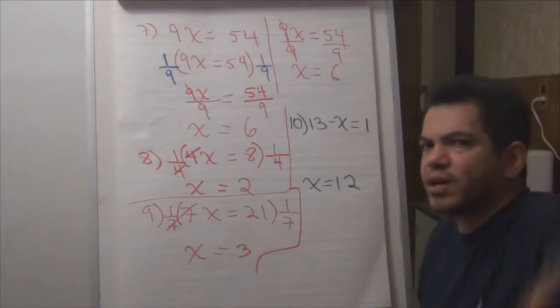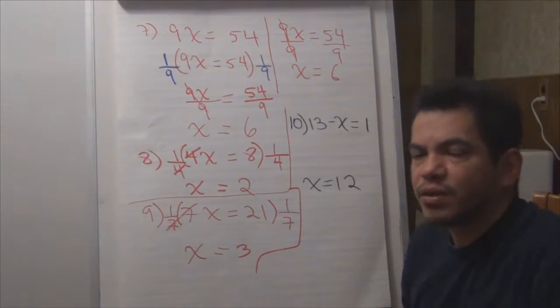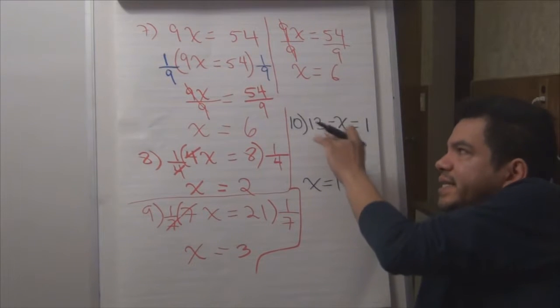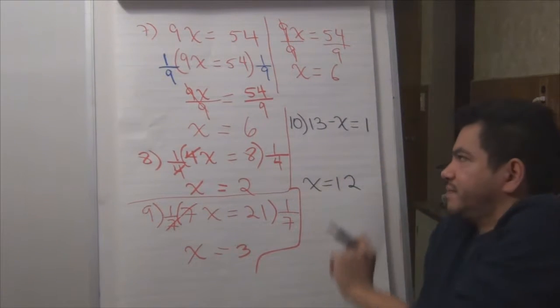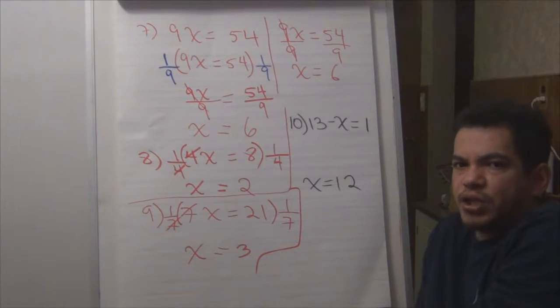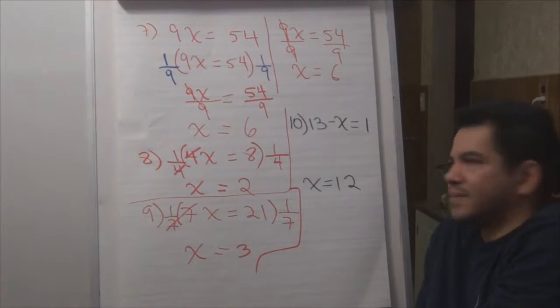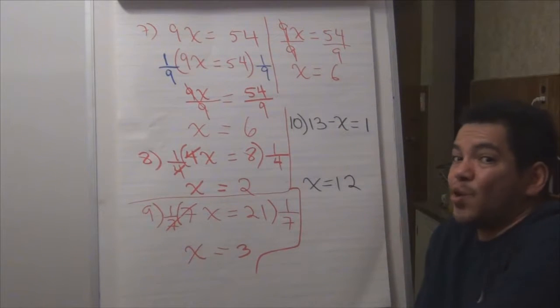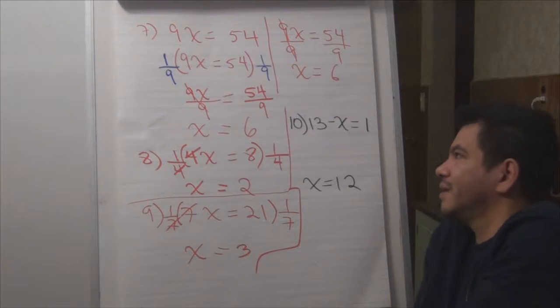But don't worry, I'm gonna guide you throughout the way. So this is funny right here. 13 minus x. So I am going to undo what is being done to the x. Oh, subtraction is happening. No, subtraction is not happening.